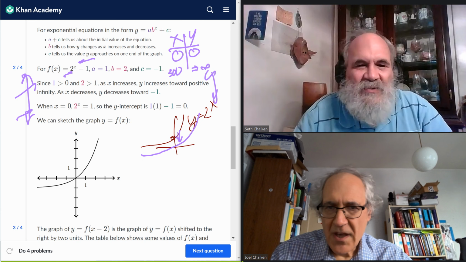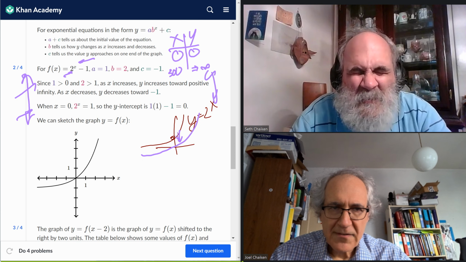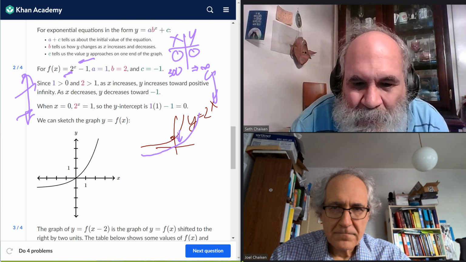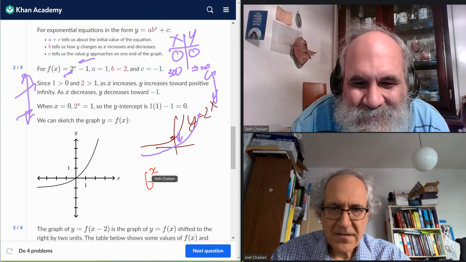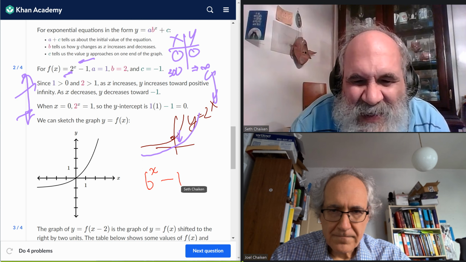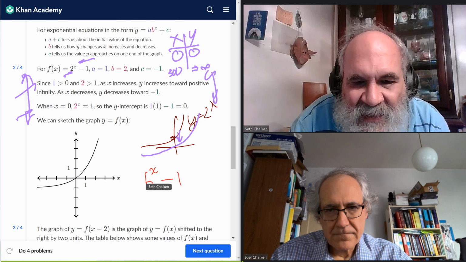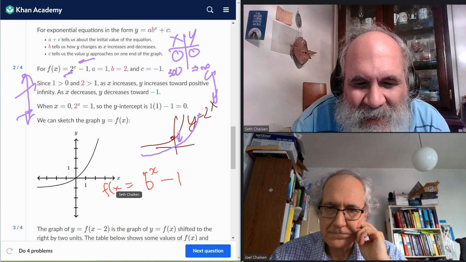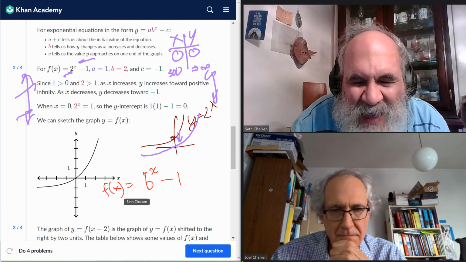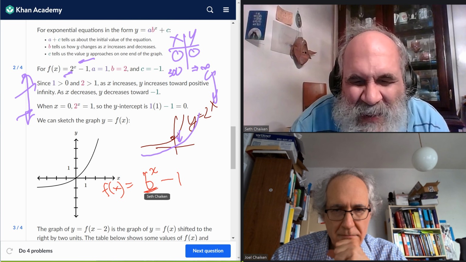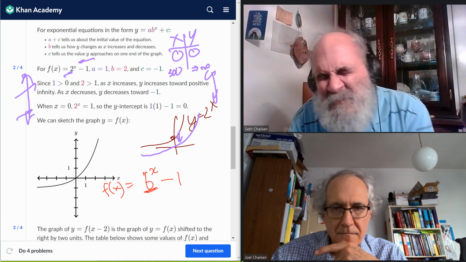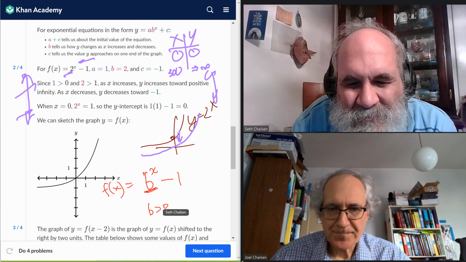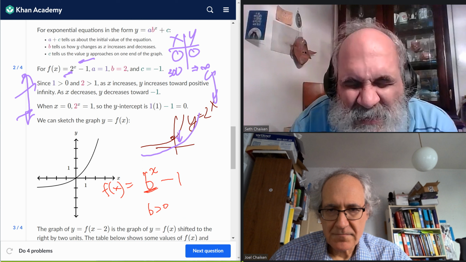So, well, okay. I say it's best that you recognize that an exponential function like this has an exponent, and we're talking about a positive exponent.